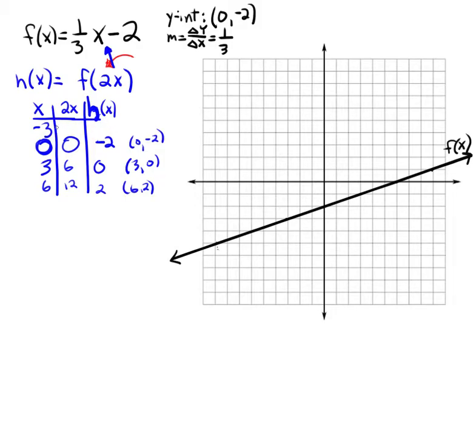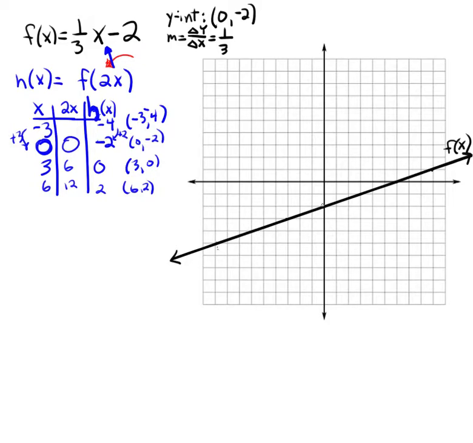So -3 times 2 is -6. 1/3 of -6 is -2, and -2 minus 2 is a -4. And that follows my pattern of a positive 3 for my x. So my change in x is positive 3, and my change in y here is a +2.